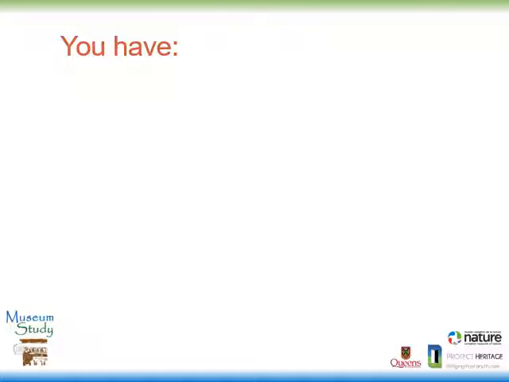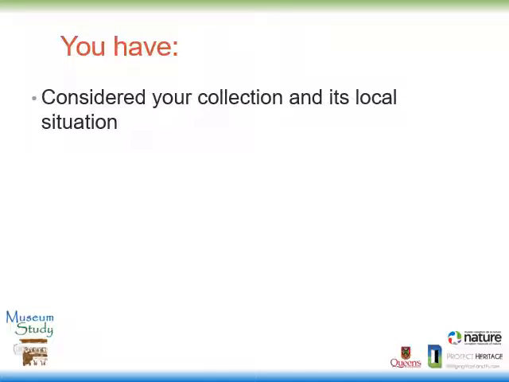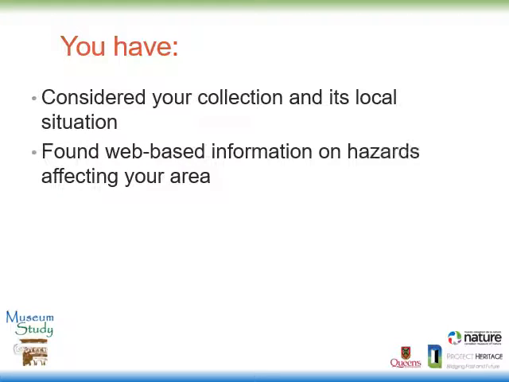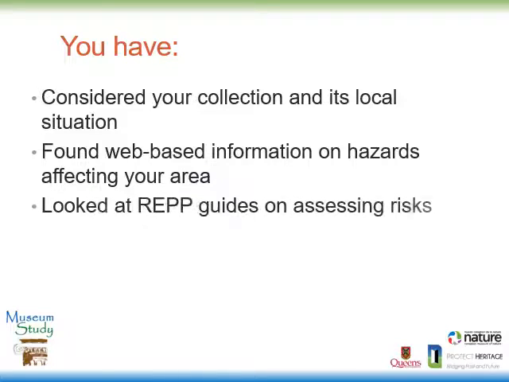And now, at this point, you have considered your collection and its local situation. You found web-based information on hazards affecting your area, and you've looked at the Risk Evaluation and Planning Project, the REPP, guides on assessing risks.